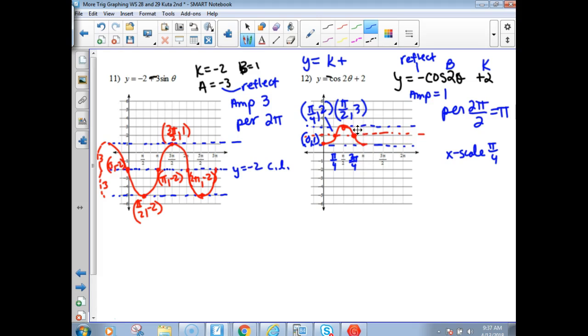Fourth one's at 3 pi over 4, 2. And the last one's at pi, 1. Okay, and then you could continue the graph.